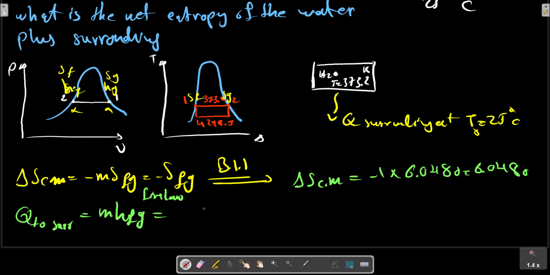There is an inlet and outlet, so U plus PV is HFG, PE and KE approximately 0. W also equals 0 in this equation, and Q to surrounding can be calculated from M HFG.